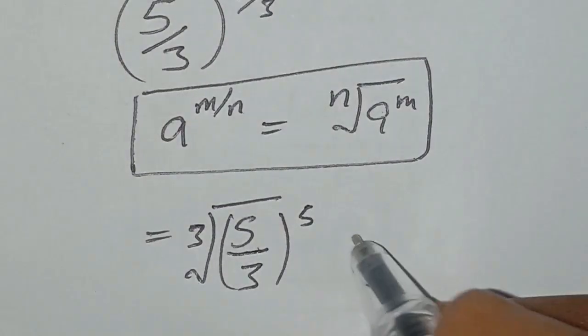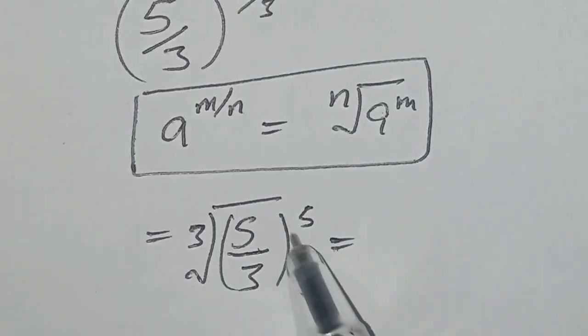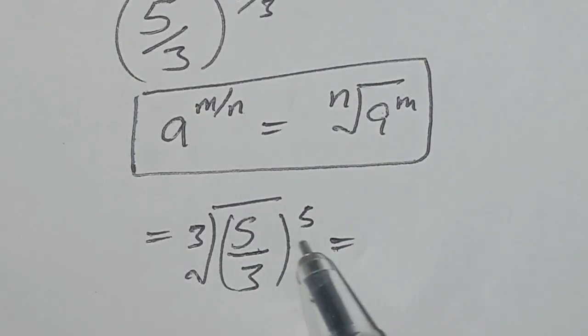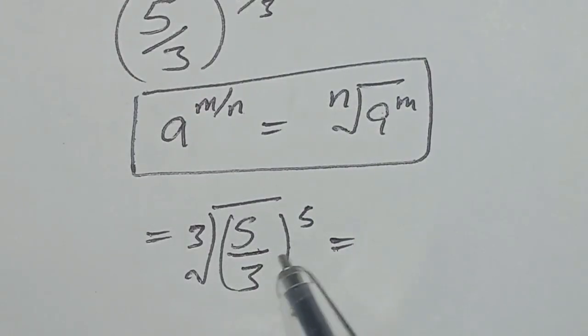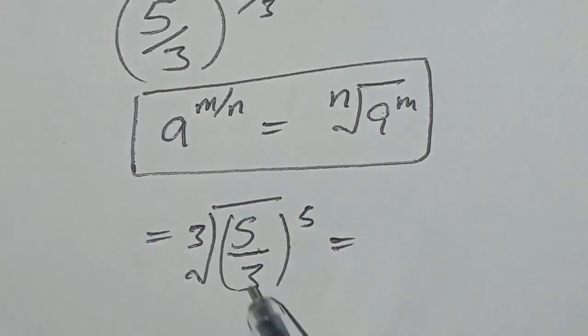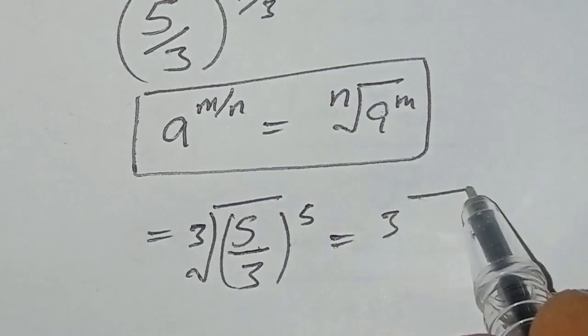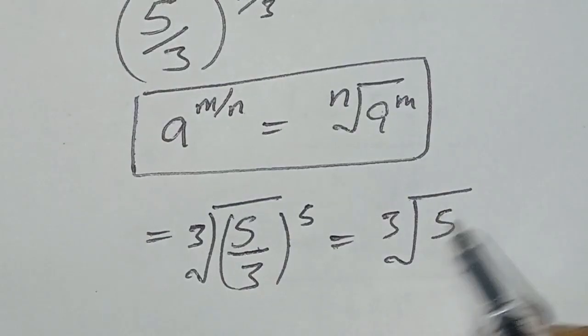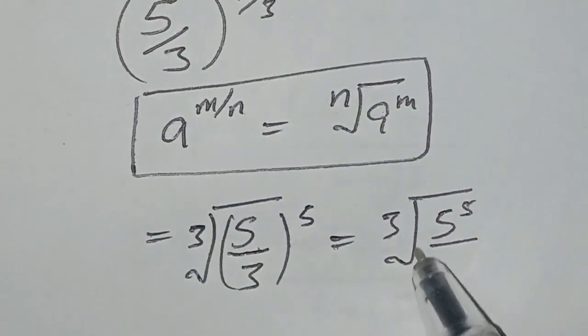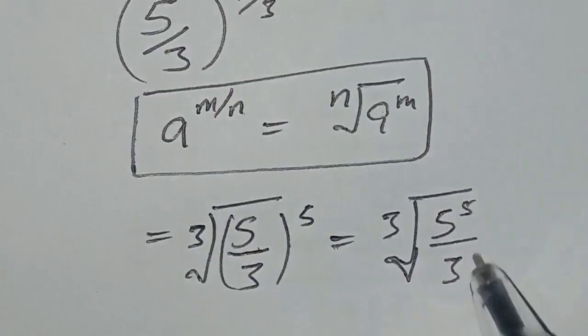So we now have that the numerator and the denominator in the cube root can now be written as the cube root of 5 to the power of 5, then 3 to the power of 5.